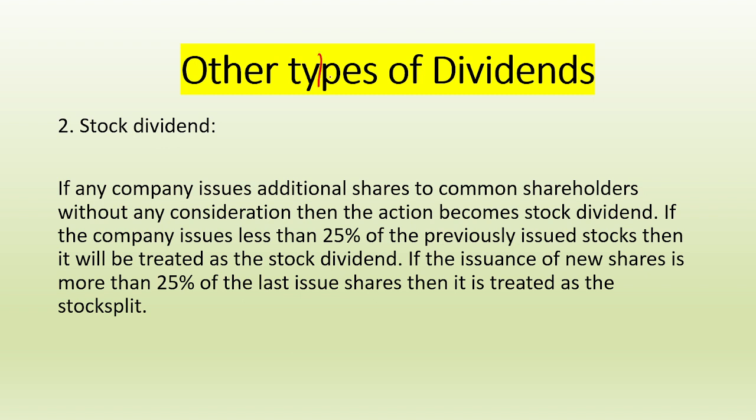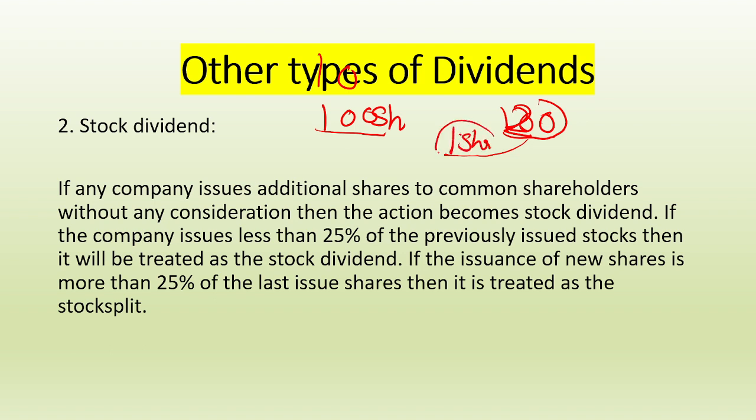Suppose a company has 100 shareholders, a shareholder has 10 shares, and it has to give 100 rupees. This is just an example. Say the company has to give just 20 rupees as a dividend. Instead of paying this in the form of cash, it will issue one share to him.